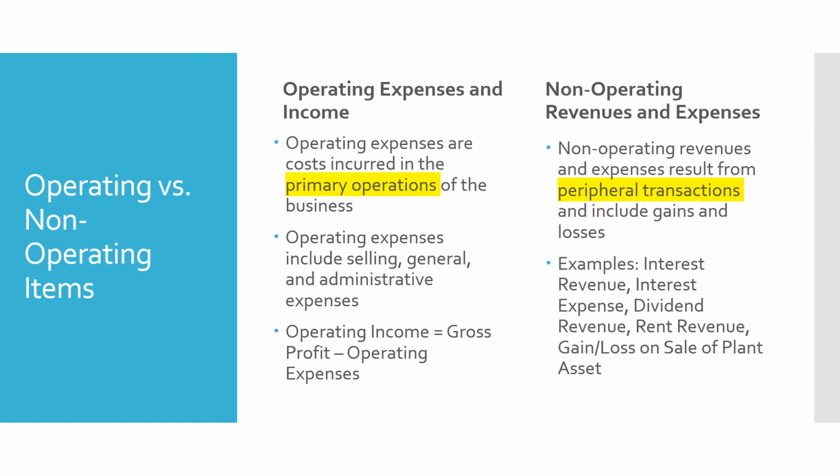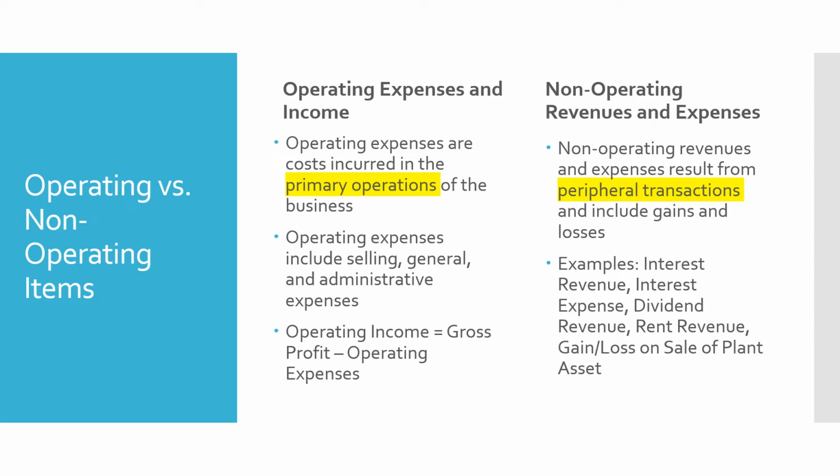Non-operating revenues and expenses result from peripheral transactions and include gains and losses. For example, if Target has excess cash on hand and they buy the bonds of another company, in other words, they loan another company money, they're going to earn interest income.